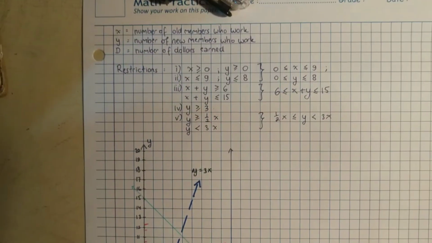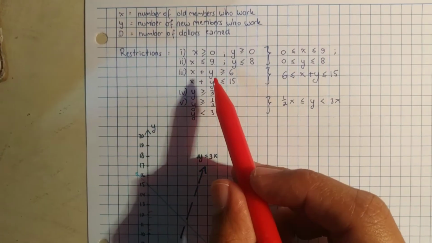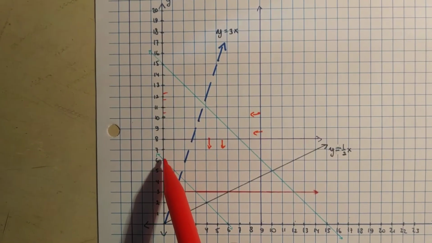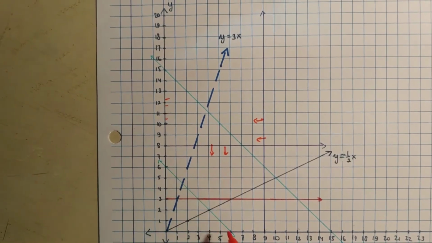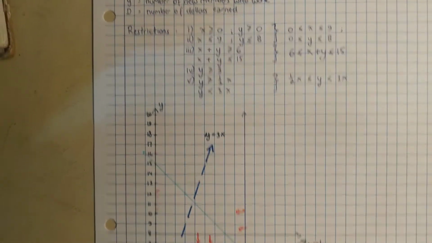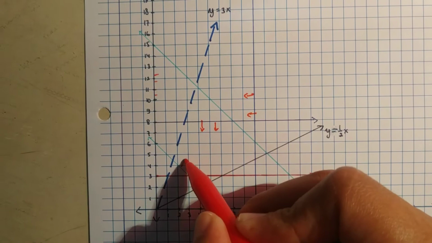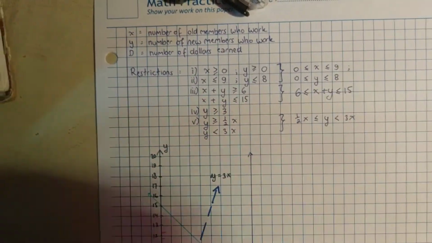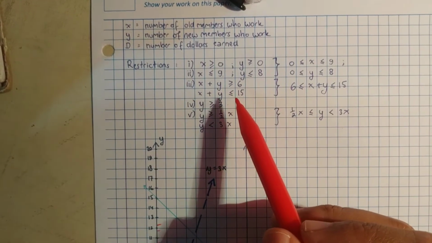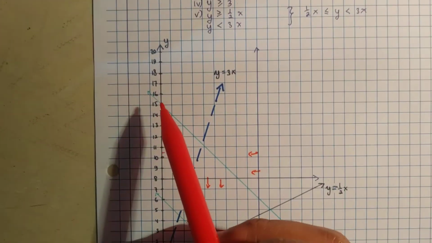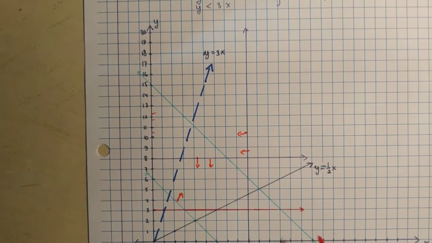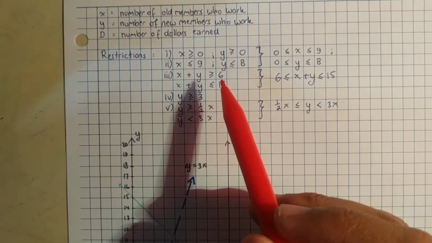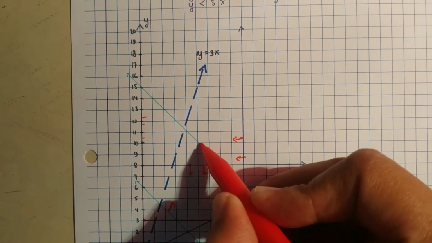The next one is x plus y is greater than or equal to 6. Now the line is x plus y equals 6. Greater than means above. And then x plus y is less than or equal to 15. The line itself is x plus y equals 15. So less than or equal to means it goes down.